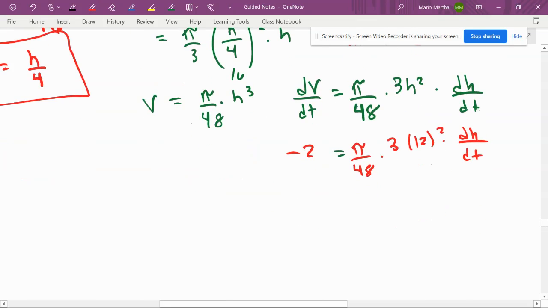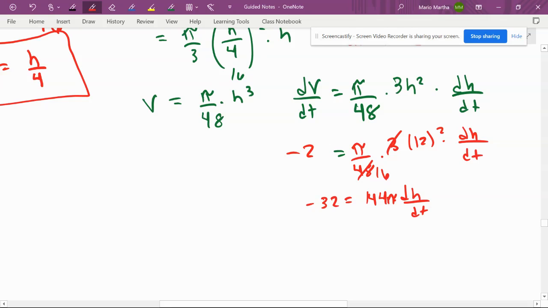Here again, simplify. 3 goes into 48 sixteen times. 16 times -2 gives you -32, which equals 144 pi times dh dt.